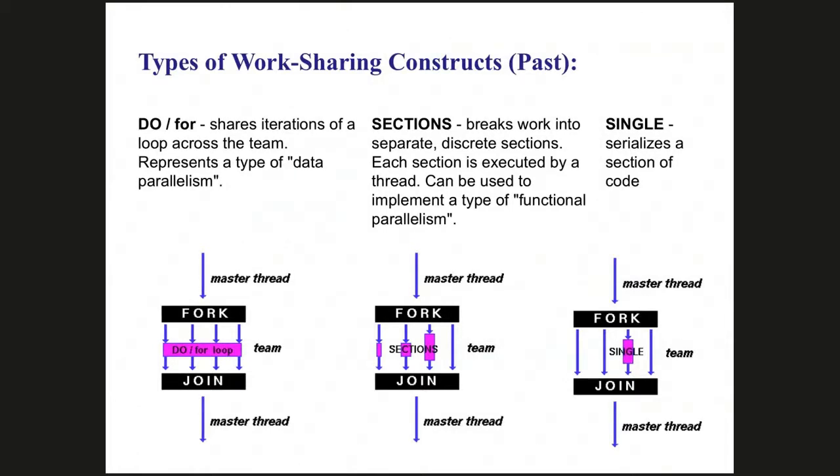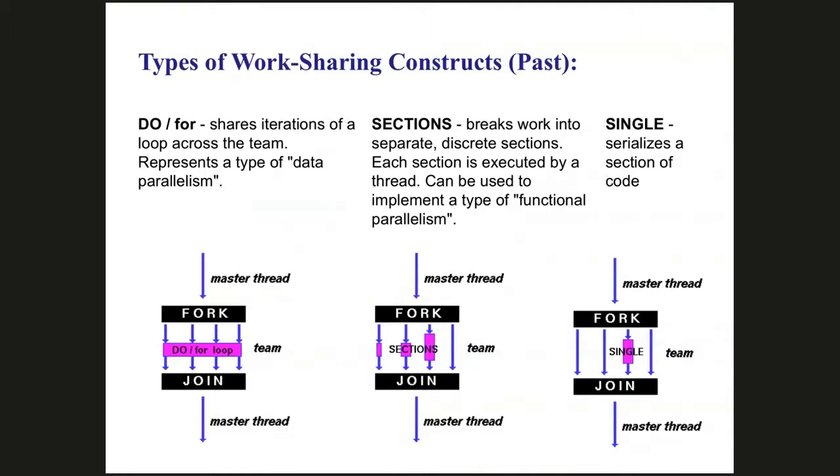In the past, the main part of OpenMP was the worksharing constructs. There are three of them. The first is the do or for, parallel do, parallel for. That's the main one, used to parallelize loops and share the iterations of a loop across the team.